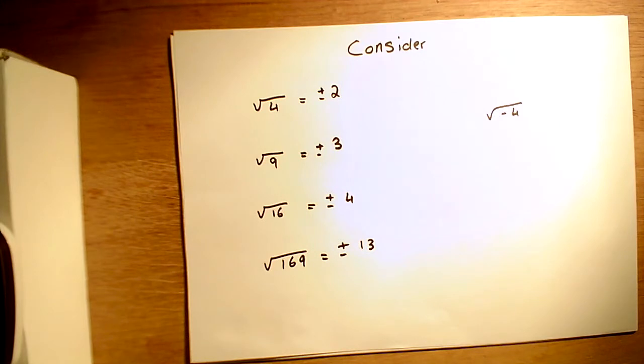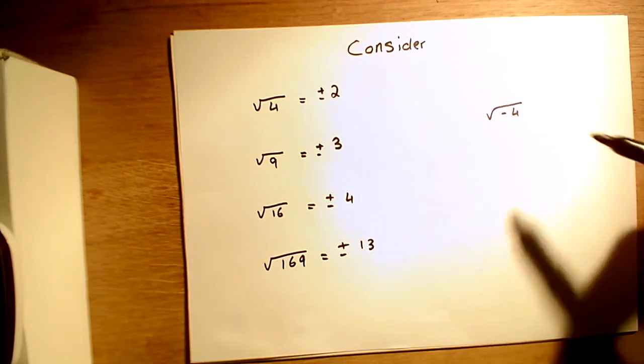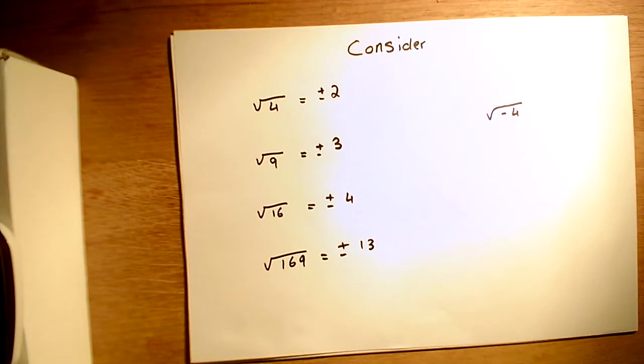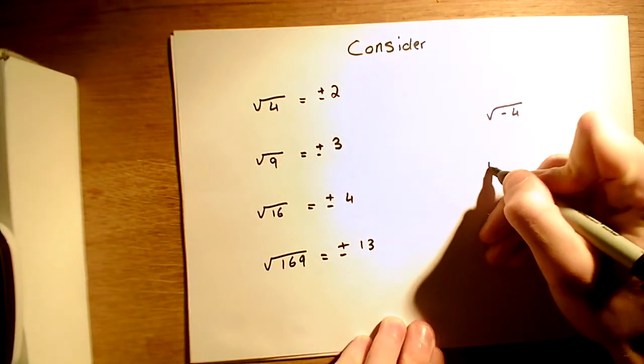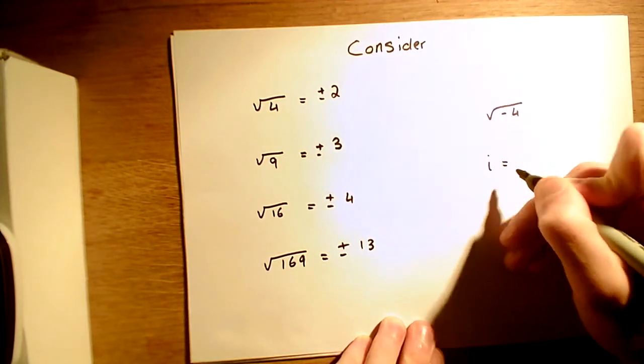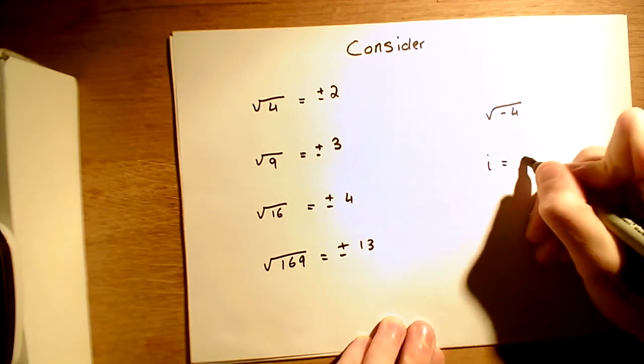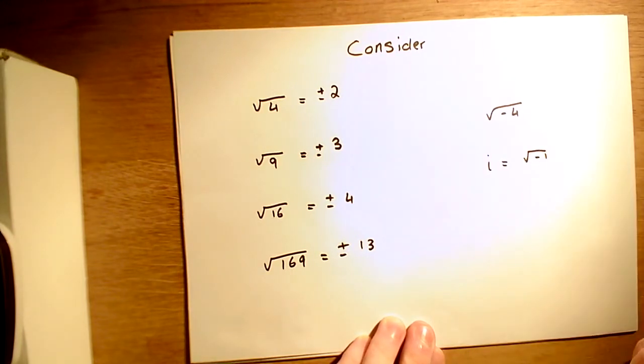So this is where complex numbers come into things. What we have here is what's called an imaginary number. The whole foundation for complex numbers ties in very well with algebra, because what they're saying is that i, this letter i, is equal to the square root of negative 1.